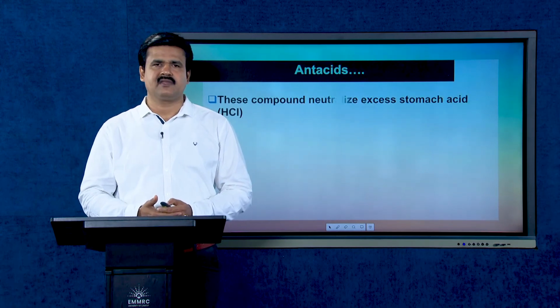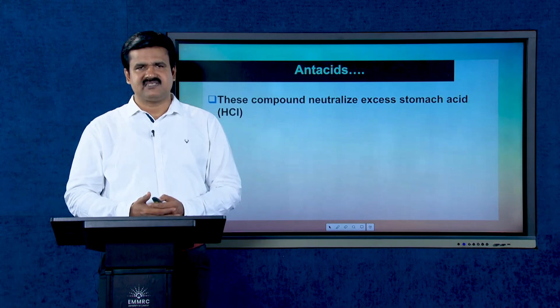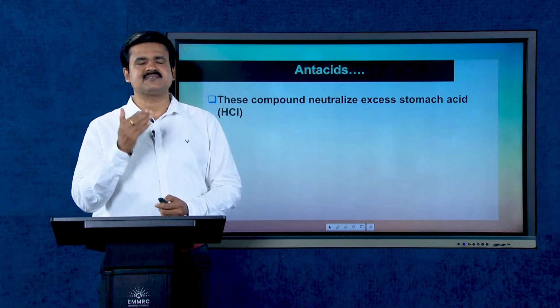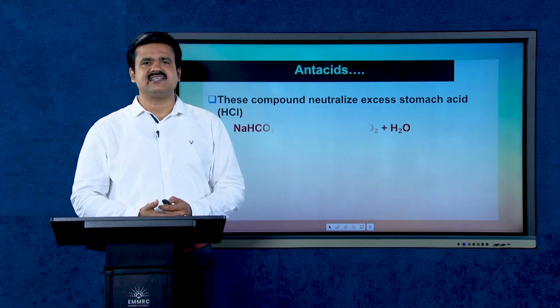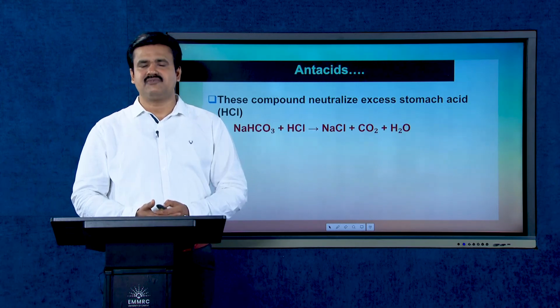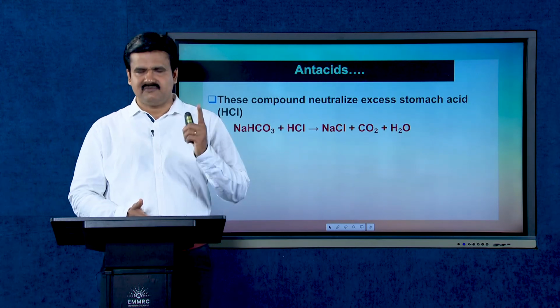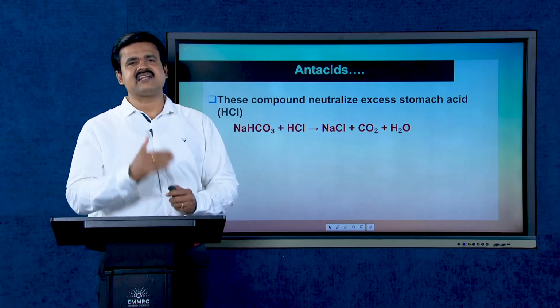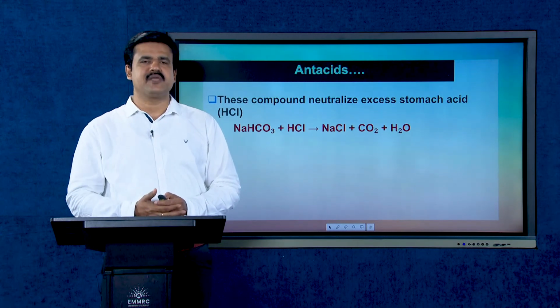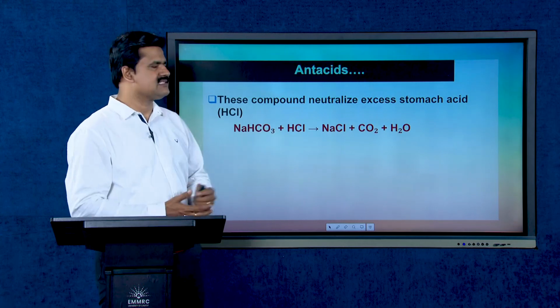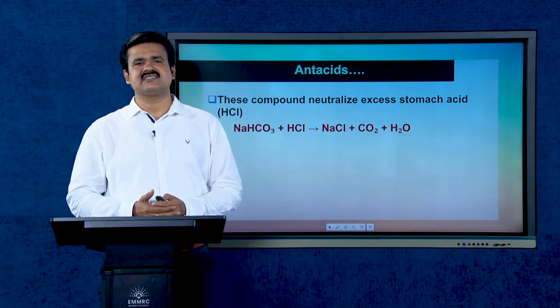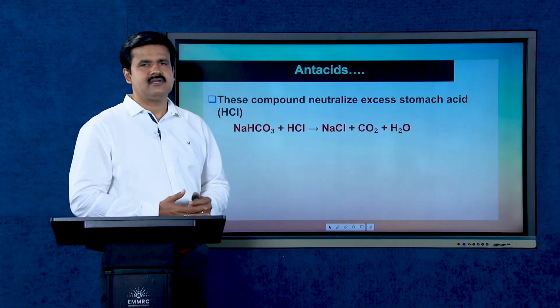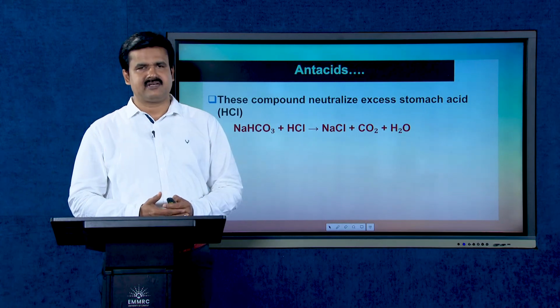Now, these bases present in antacid neutralize excess stomach acid HCl based on the following reactions. First of all, if the alkali is sodium bicarbonate, it neutralizes HCl as NaHCO3 plus hydrochloric acid gives sodium chloride, carbon dioxide, and water.